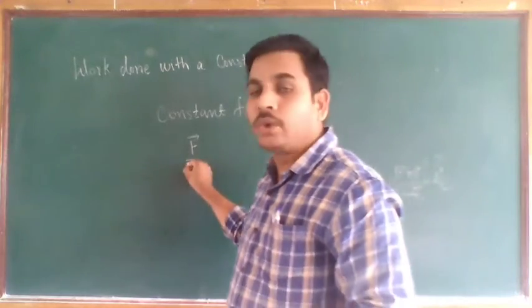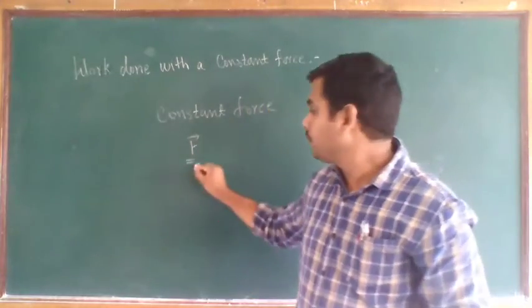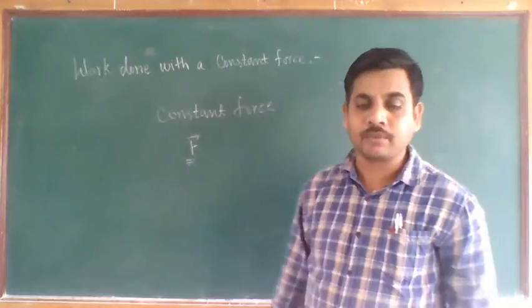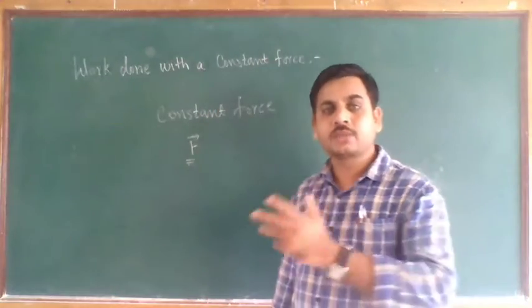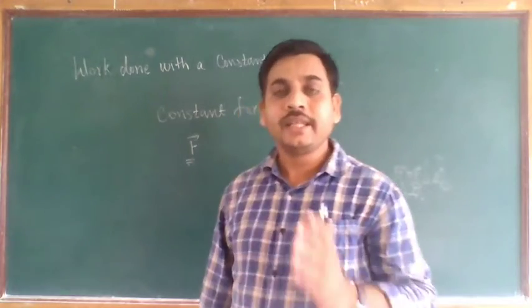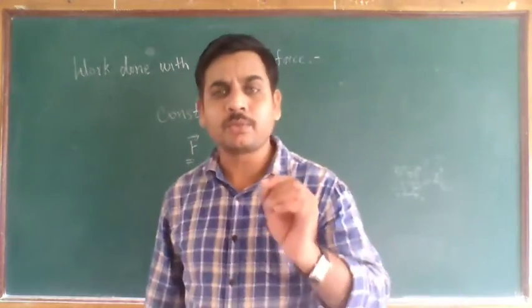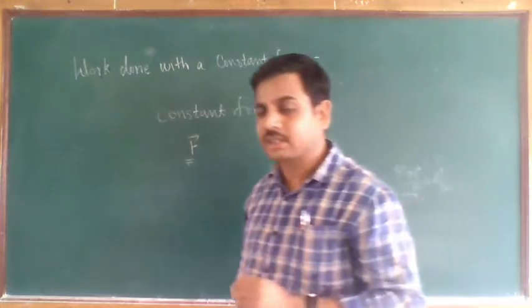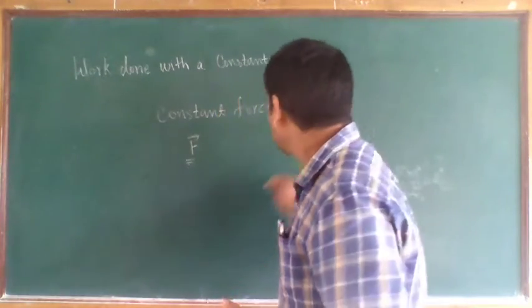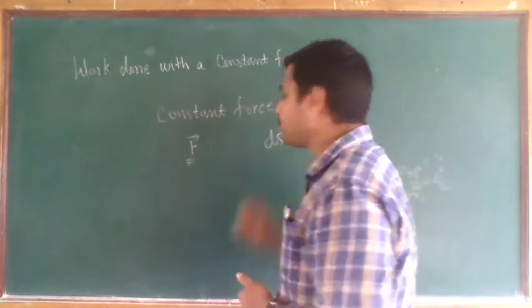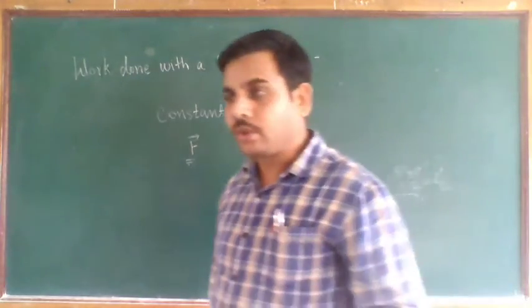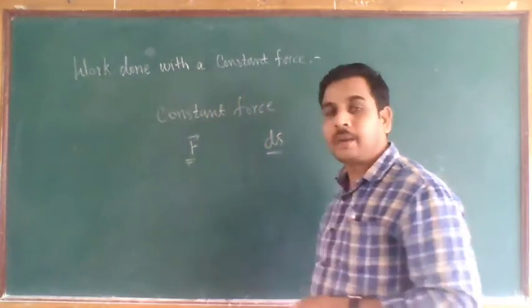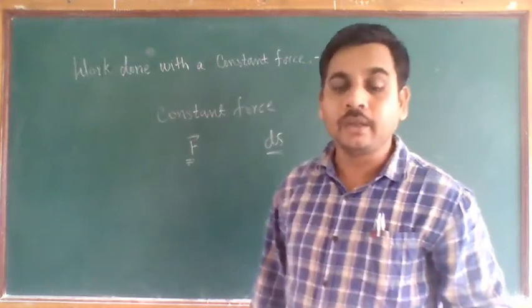Consider the force acting on the body M. If you apply this force, the body will be displaced with a small distance ds, in the direction of the applied force.